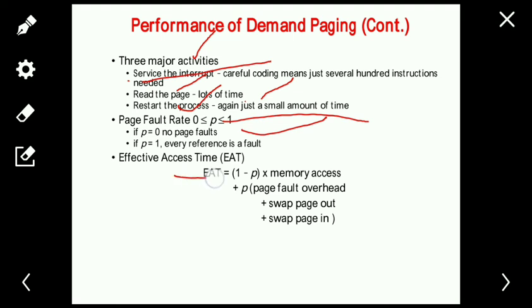Now the effective access time in the case of demand paging. Effective access time is equal to (1 minus p), where p is the page fault rate, times memory access time, plus p times the page fault overhead plus swap page out and page in.